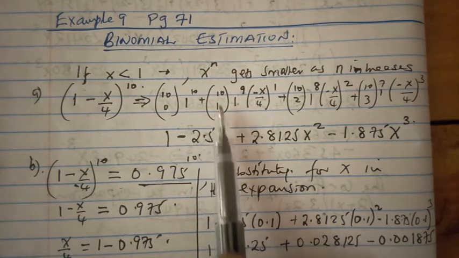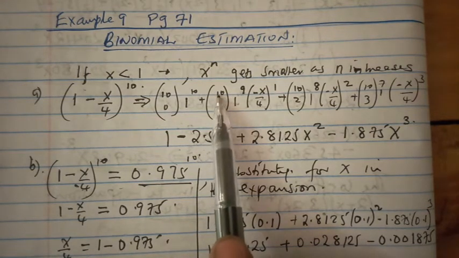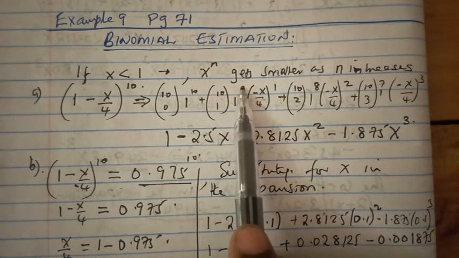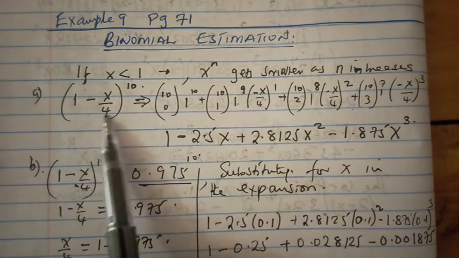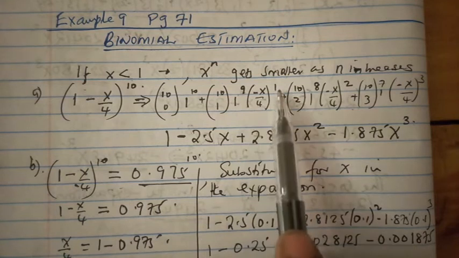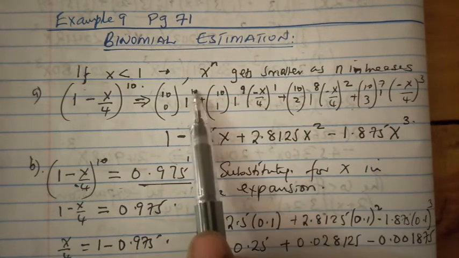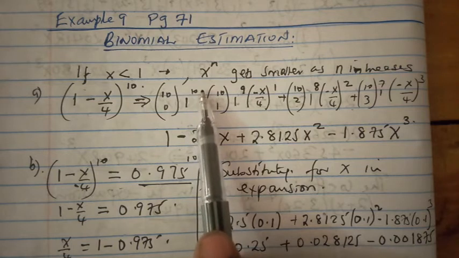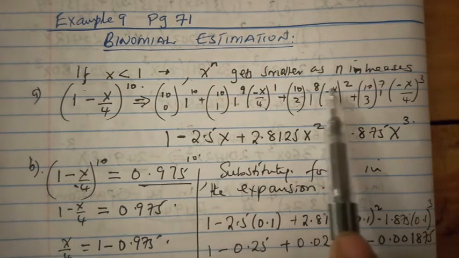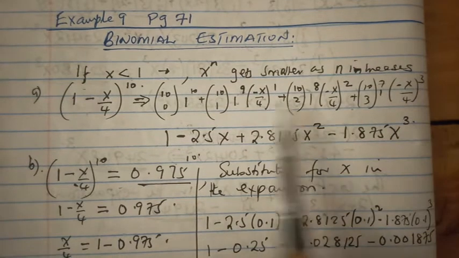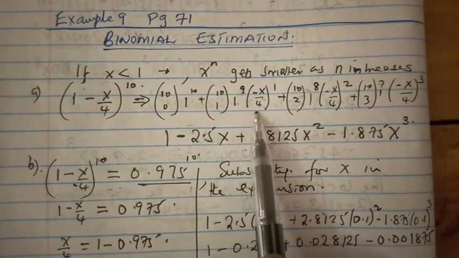The second term, the coefficient is 10C1, 1 raised to power 9, and minus x over 4 raised to power 1. Remember, 9 plus 1 gives us 10, 10 plus 0 gives us 10, 8 plus 2 gives us 10, 7 plus 3 gives us 10.